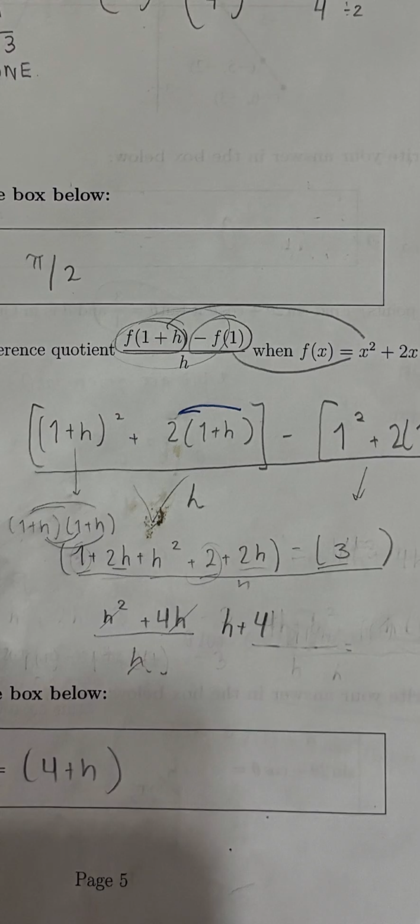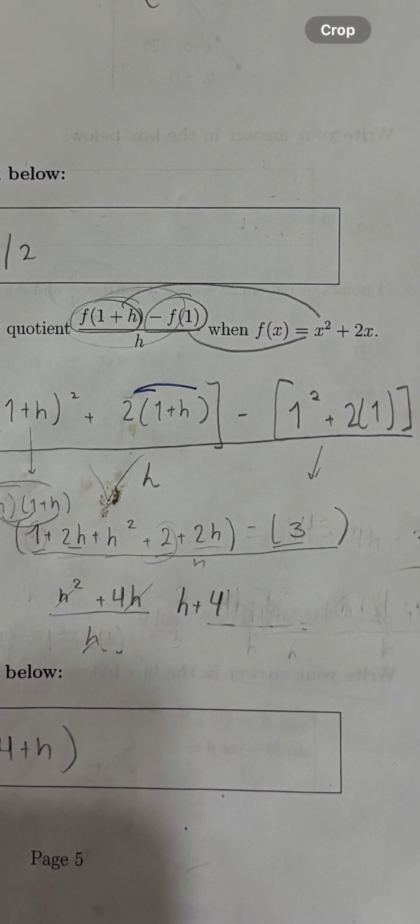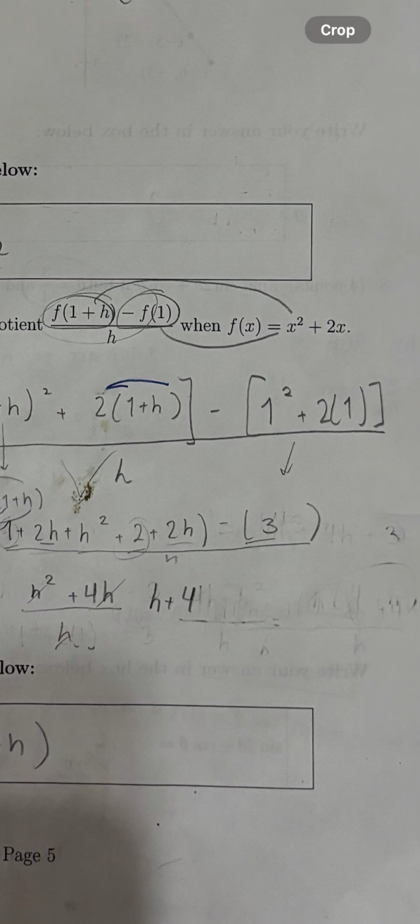So this is going to give us 1 plus h squared plus 2 times 1 plus h, minus, and then we do f of 1. Basically, we just sub in 1 into the x values as well. This is going to be 1 squared plus 2 times 1, all over h.